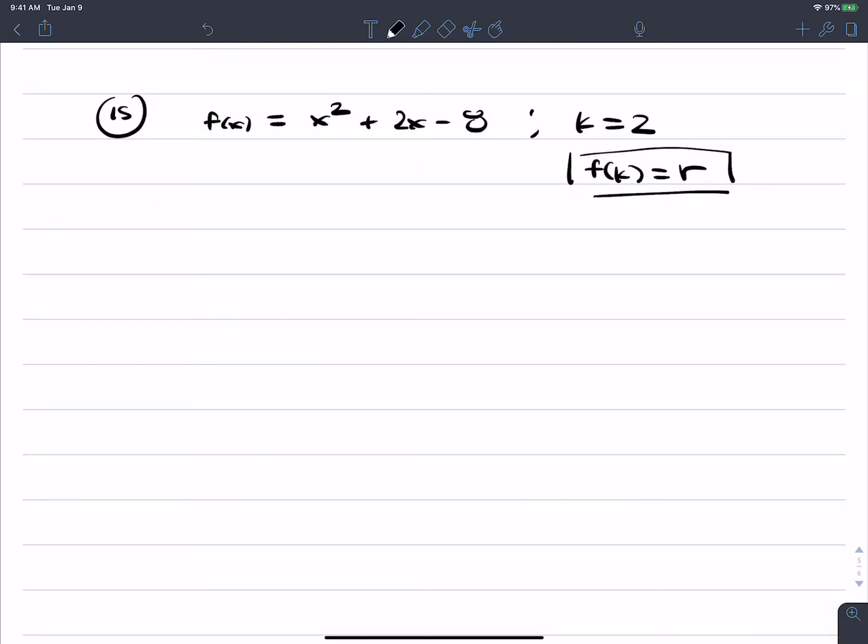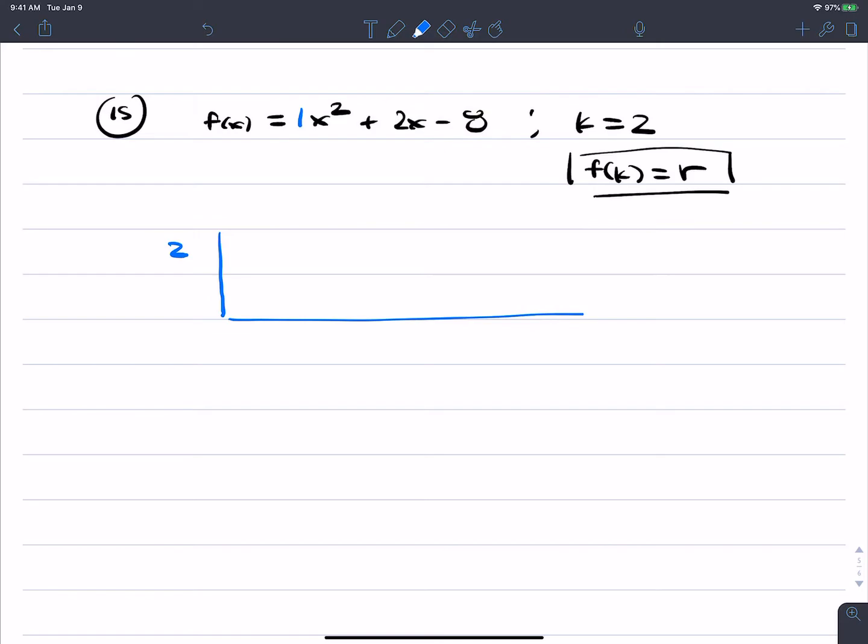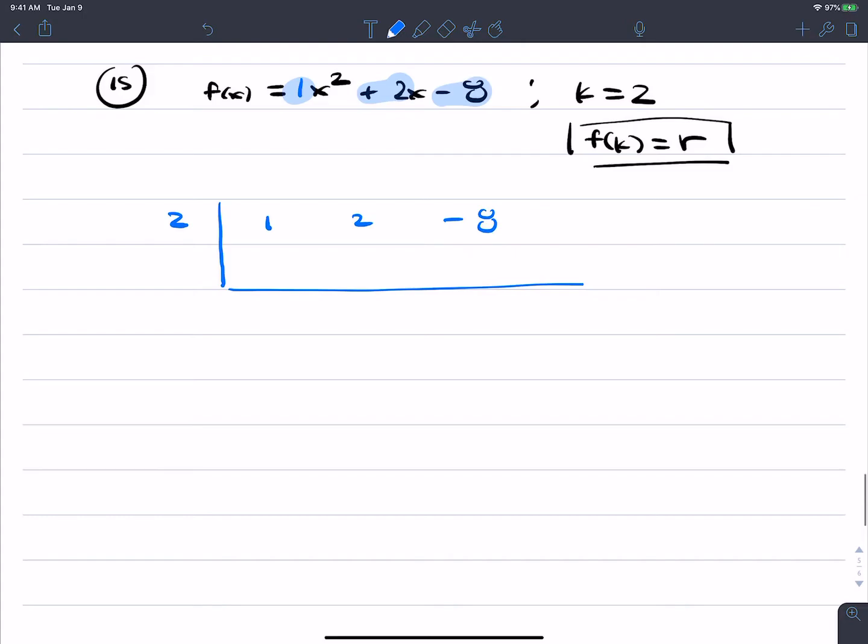Let's use synthetic division. Let's go through that problem here. K is 2. They gave that to us. And when we go back to the original polynomial function, we need the coefficients. So everything is just like what we did before. As we go through synthetic division for this question, we're going to bring down the 1.